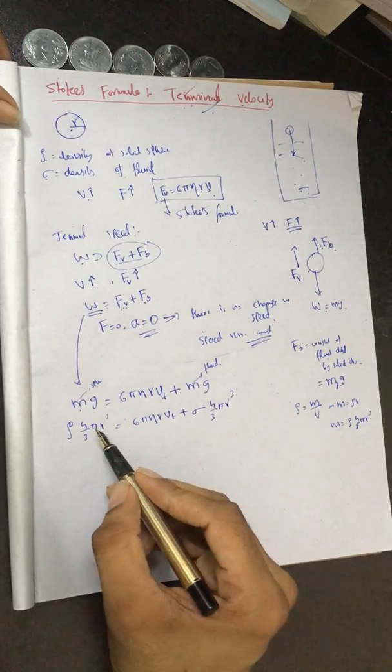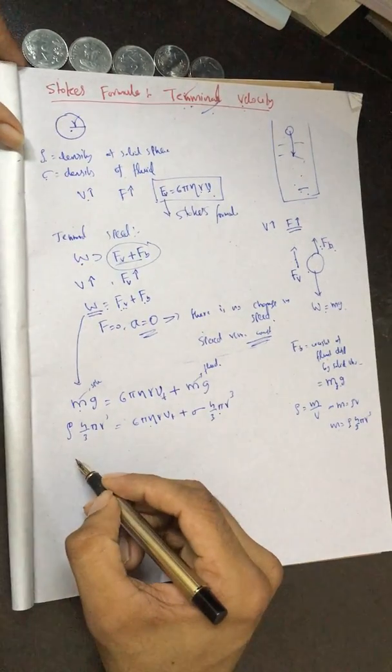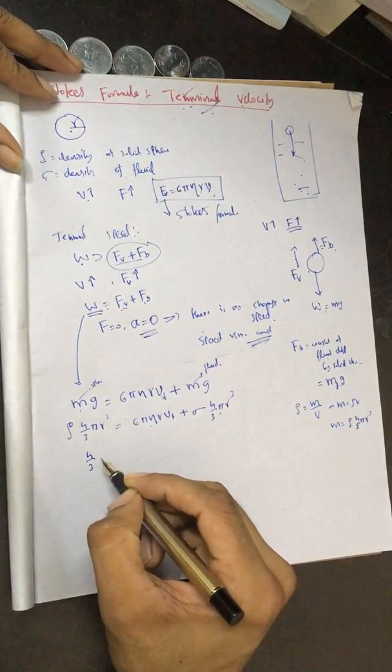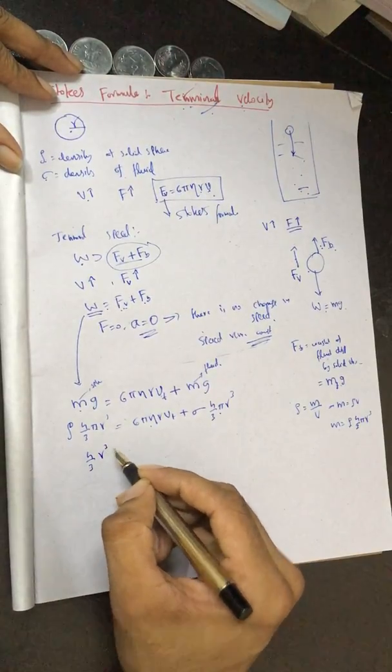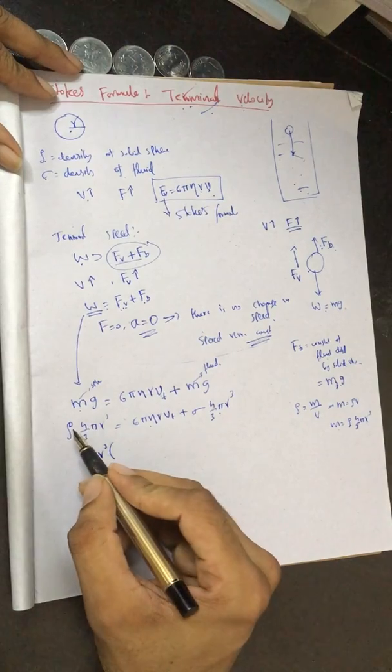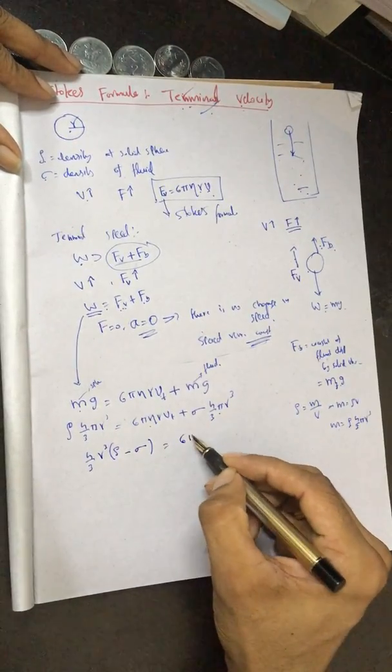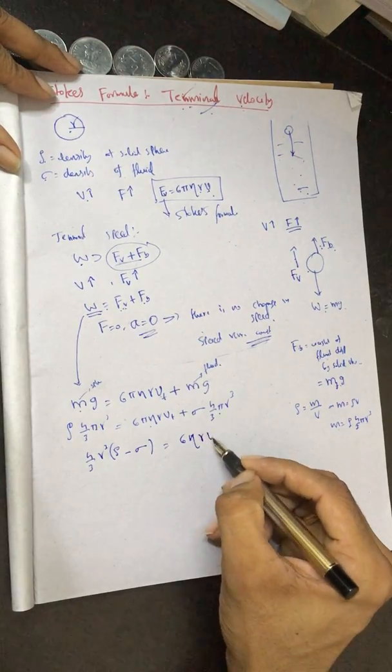We can cancel pi all over, and let me take 4 by 3 r cube outside, and this is sigma minus rho, equal to 6 pi neta r Vt.